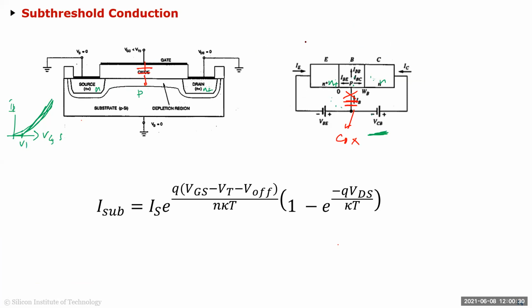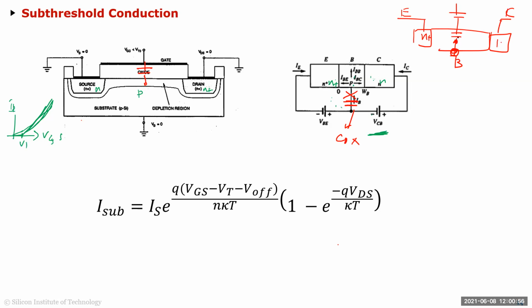So essentially your base looks like this: you have an N plus, then a P region, then an N plus, and you have a capacitor Cox and a capacitor C depletion, and that's connected to your base here, which is your bulk. Then this looks like your emitter, or collector, depending on your voltage. In this case it'll be the emitter, and this is your collector.